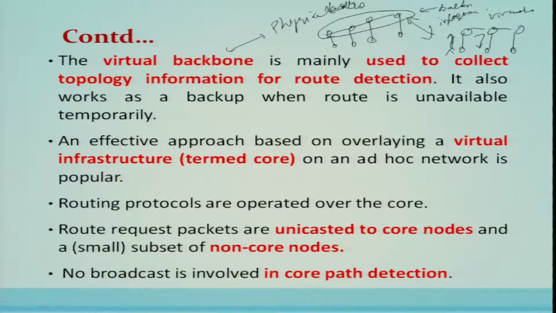For example, X wants to communicate to Y, so X will send the message to the backbone, and the backbone node which is closest to Y will basically transmit it. So this particular backbone is very important to basically facilitate the routing activity. Also, this particular backbone will solve the broadcast storm problem that we are going to see in the next slide.